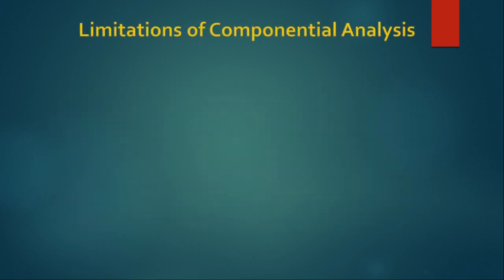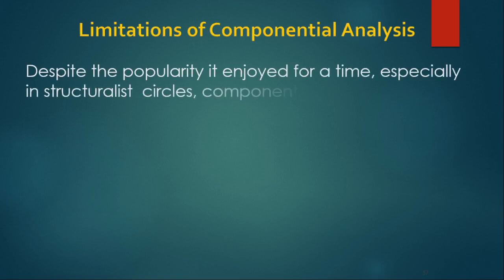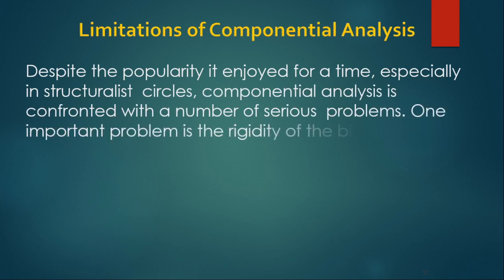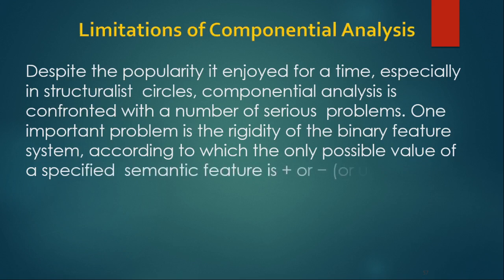Now, the limitations are criticism on componential analysis. Despite the popularity it enjoyed for a time, especially in structuralist circles, componential analysis is confronted with a number of serious problems. One important problem is the rigidity of the binary feature system, according to which the only possible value of a specified semantic feature is either plus or minus or unspecified.